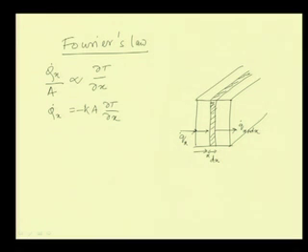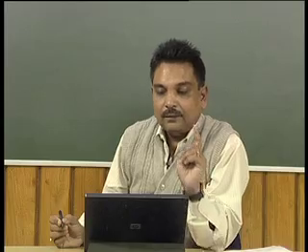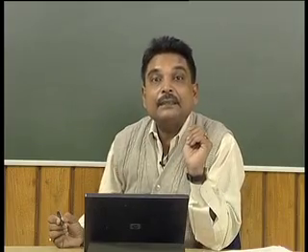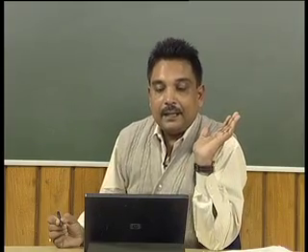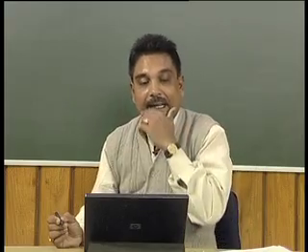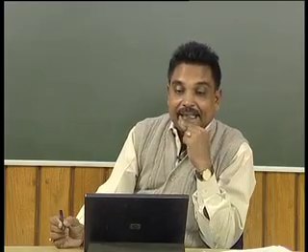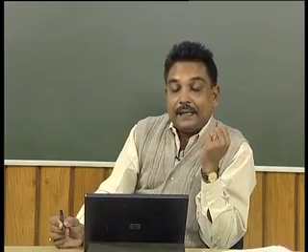Now, K is called the proportionality constant, and it is also called thermal conductivity. It is the property of the material through which the heat is being transported, and the negative sign is a very important thing.